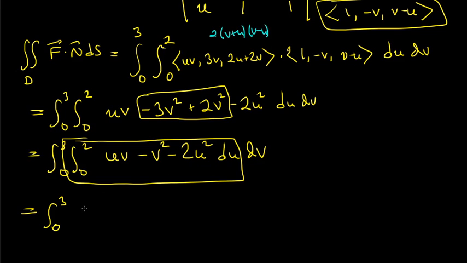Yep, with respect to u, so we're going to get 1/2 u squared v minus uv squared minus 2/3 u cubed, and we're evaluating u between 0 and 2.